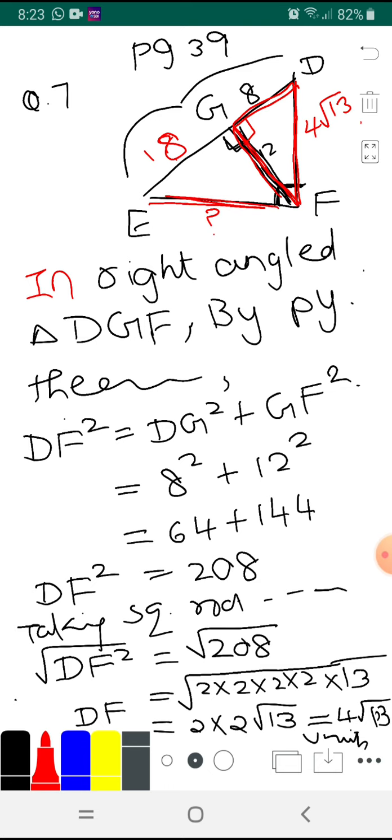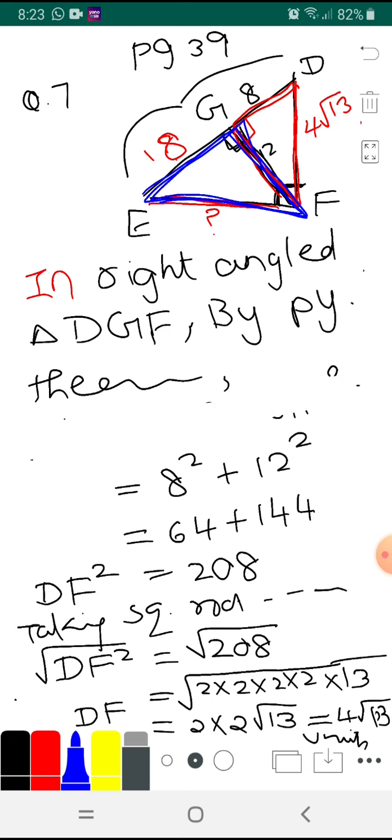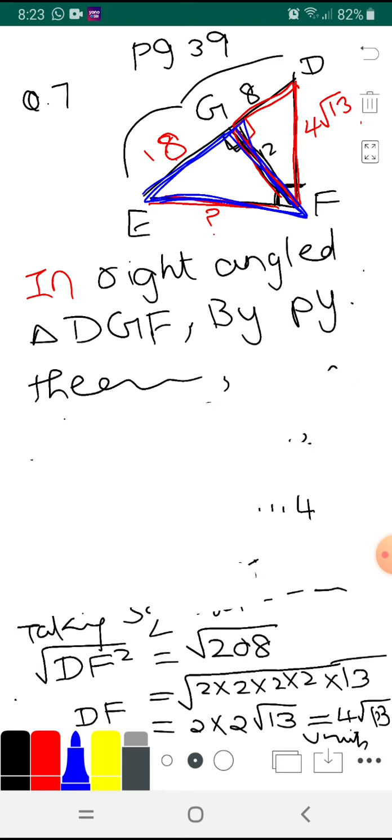So again we are going to another right angle triangle. I hope you can copy down all this. Now we are going to use another right angle triangle, that is GFE. Let me use blue color and show you. GFE. So here we will be applying the Pythagoras theorem. So a little part I will do and the remaining part you will do by yourself.